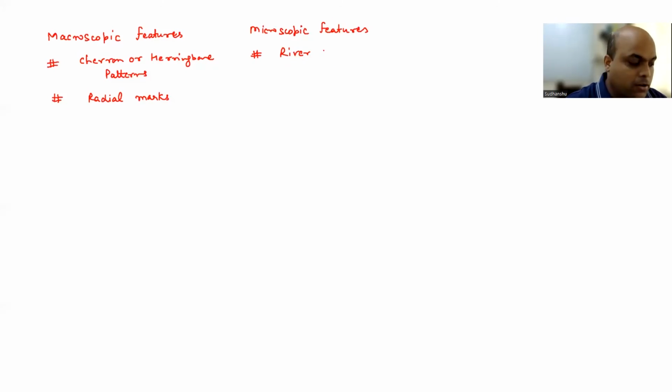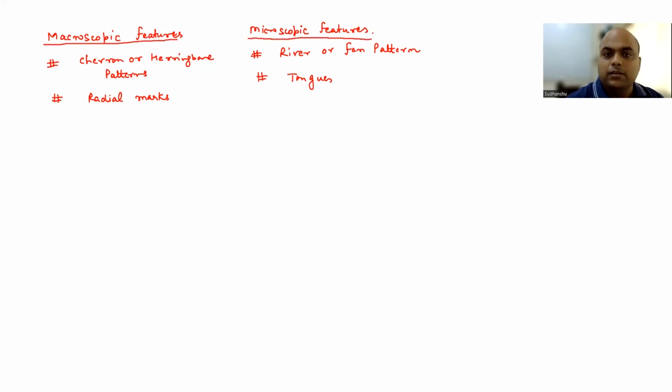So river or fan pattern. In some books, you will see fan pattern. And second, you can get tongues. So we'll discuss these one by one, but we'll mostly focus on the formation of river pattern, which is one of the most important features you are going to observe when we talk about cleavage fracture.